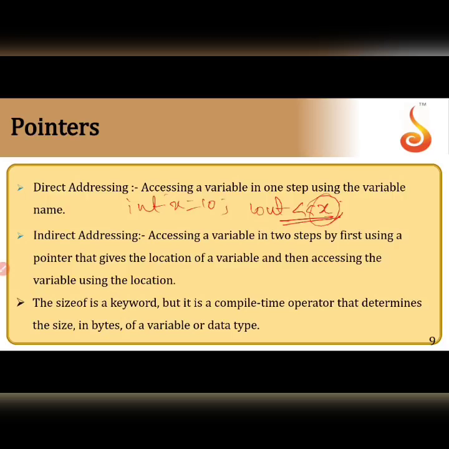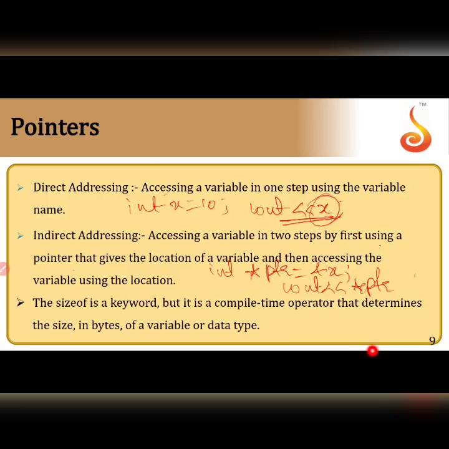What do you mean then by indirect accessing? Accessing a variable in two steps, by first using a pointer that gives the location of the variable. For example, int star ptr is equal to ampersand x, and then accessing the variable using the location, that is cout star ptr.